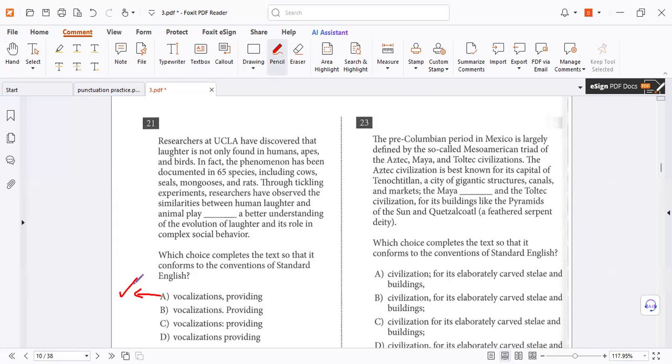Read from the full stop to the end. Through tickling experiments, phrase, comma, then we have subject and verb: researchers have observed the similarities between human laughter and animal play vocalization. The second part starts from here.